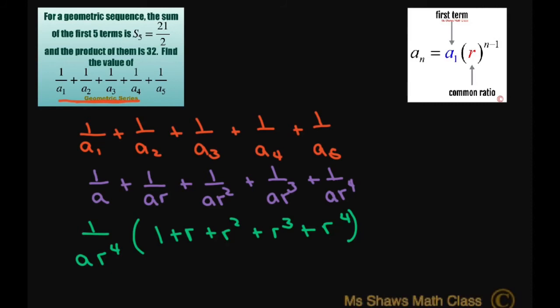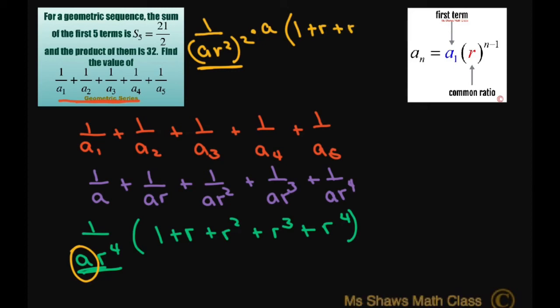All right, and now what I want to do is square this. So basically I'm going to write this as 1 divided by (AR squared) squared. The thing is, this doesn't have a square. But since it's in the denominator, I can multiply it by A. So that gives me this, and then I still have my 1 plus R plus R squared plus R cubed plus R to the power of 4.